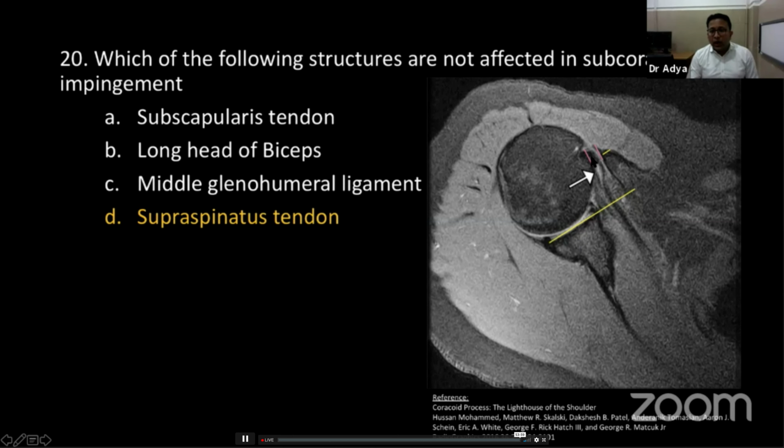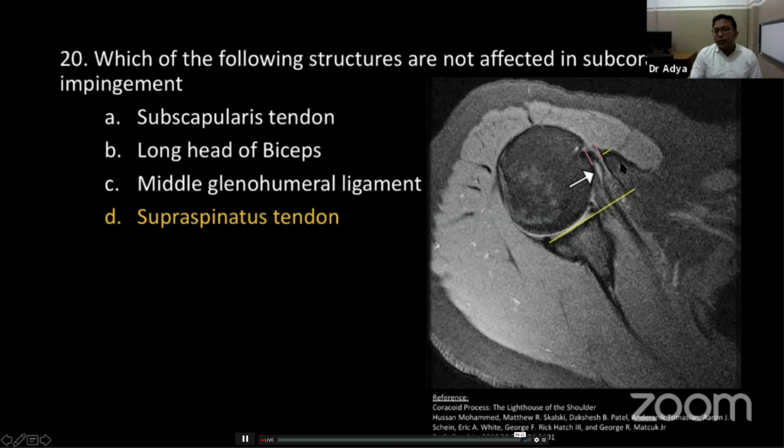Now, what happens in the subcoracoid impingement is that the distance between this coracoid process and the anterior surface of the head of the humerus gets reduced. The cutoff value we usually take is 6 millimeter. If it is less than 6 millimeter, then that is defined as subcoracoid impingement. And also the coracoid index. What is the coracoid index?